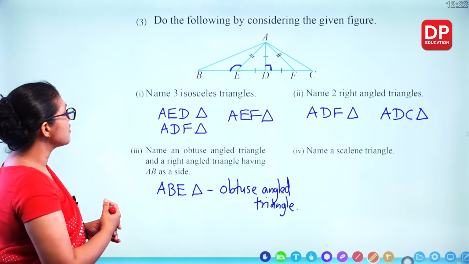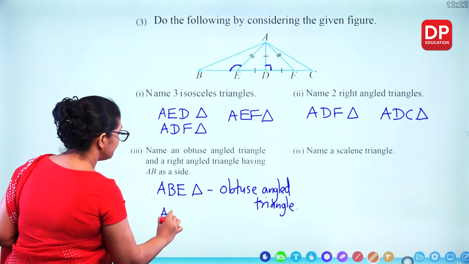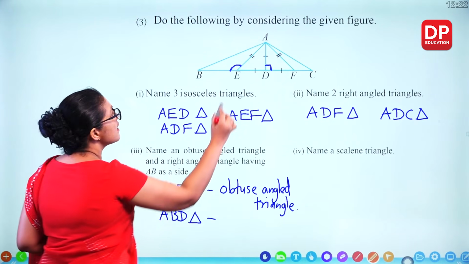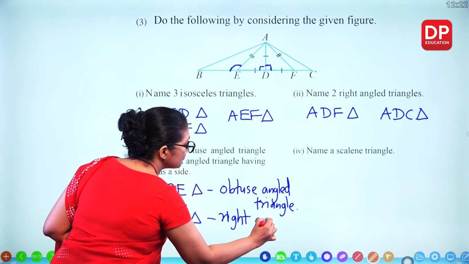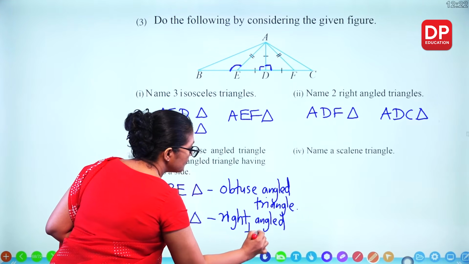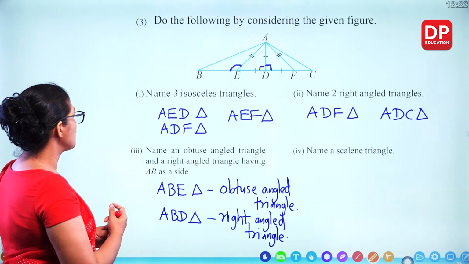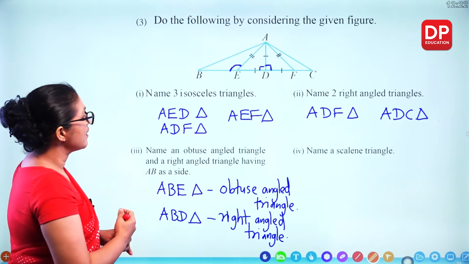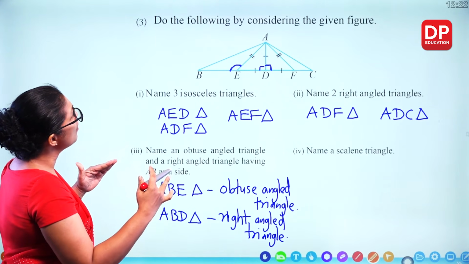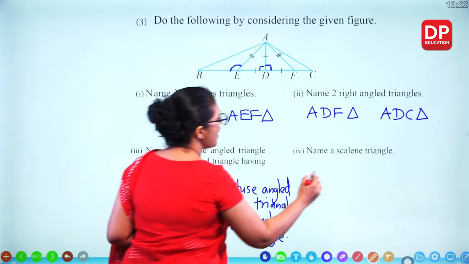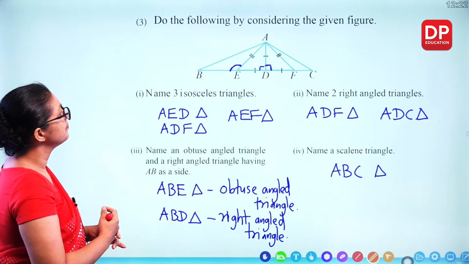Then right angle triangle ABD, because can you see this is 90 degrees. So one obtuse angle triangle and a right angle triangle. Name a scalene triangle. You can take the big one. ABC triangle is a scalene. All sides are different.